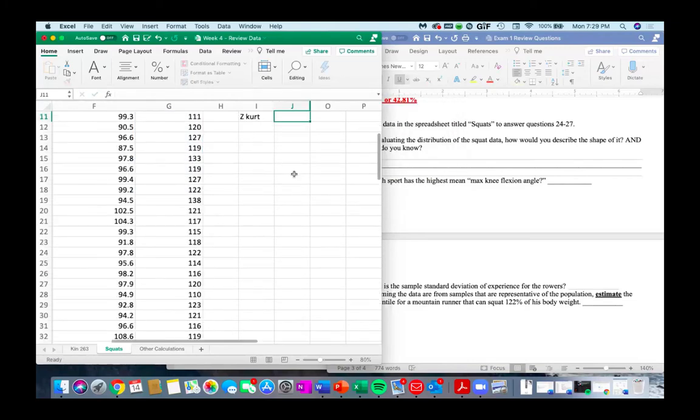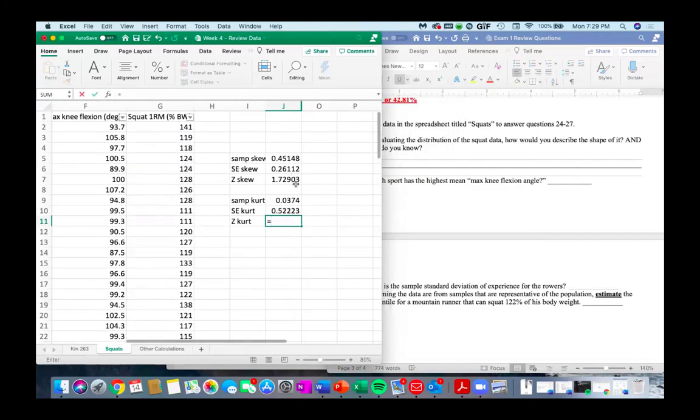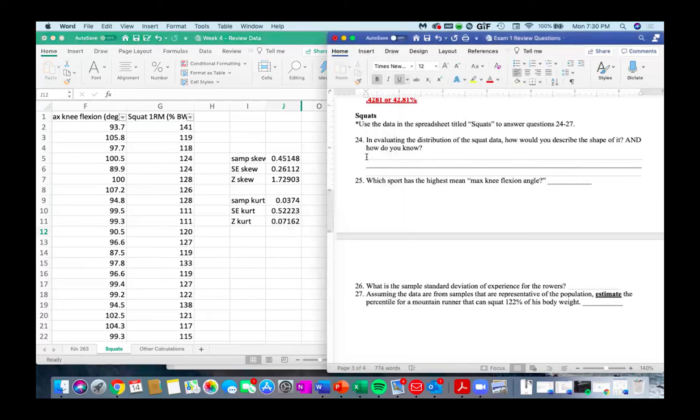Same thing, the z-score of kurtosis is just going to be sample kurtosis divided by standard error. So based on this value, do we have positive kurtosis, negative kurtosis, or is the shape relatively normal? Normal, because again, it lies between -2 and +2.